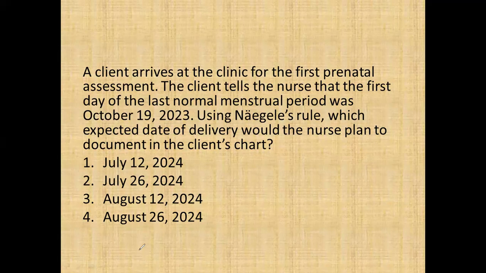Am I going to use the 8th to count my 4 months backwards? No. That is why I'm saying that any proper NCLEX question has to give you the months, and the exact date has to be given.